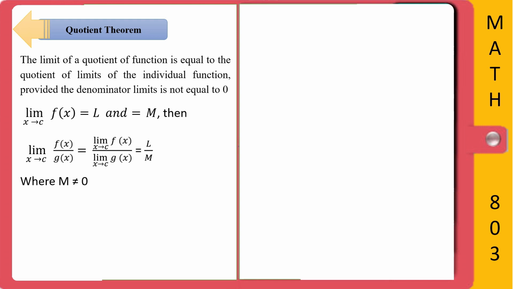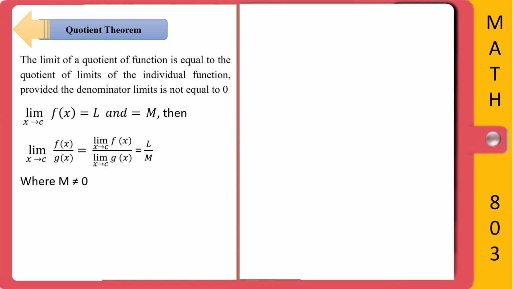Then the limit of f of x over g of x as x approaches c is equal to the limit of f of x over the limit of g of x, which is L over m, where m is not equal to 0.